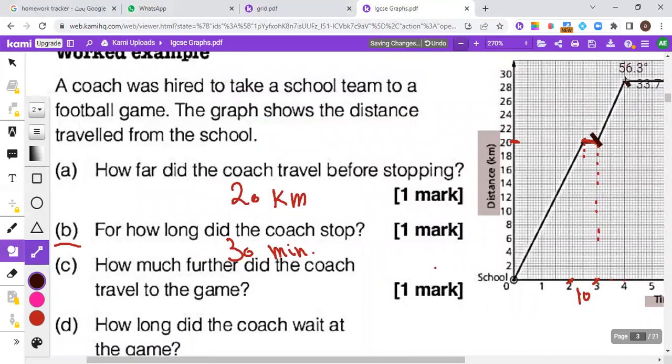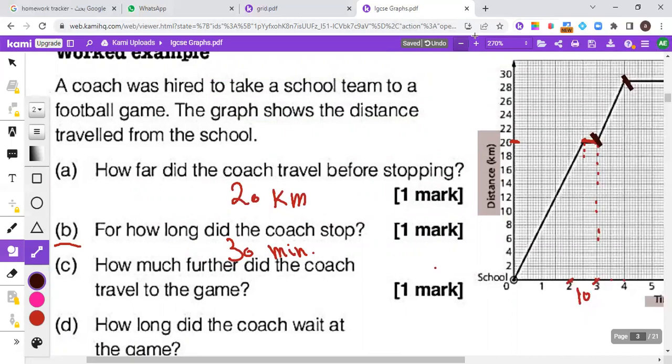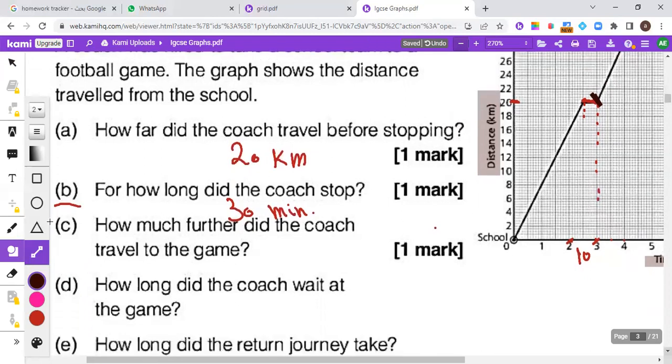After 20, because it says travel further, after the stop. So I will subtract 29 minus 20, which is 9 kilometers.